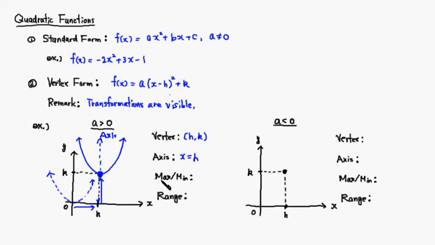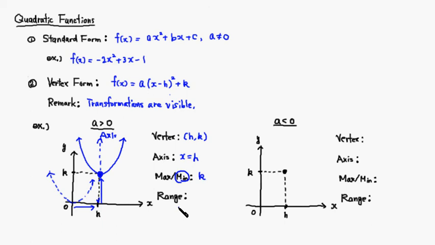Right? And for a maximum or minimum, there is no maximum because you can see that it's getting larger and larger forever, indefinitely. So there's going to be a minimum, right? The minimum value of this function is going to be at the vertex. So the smallest value is k. So k is the smallest function value.